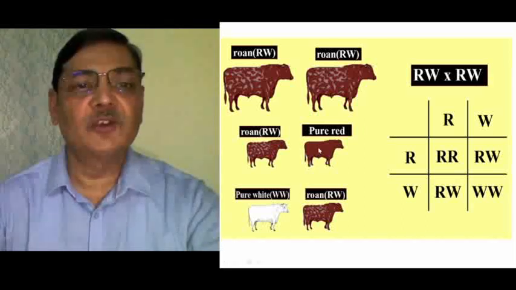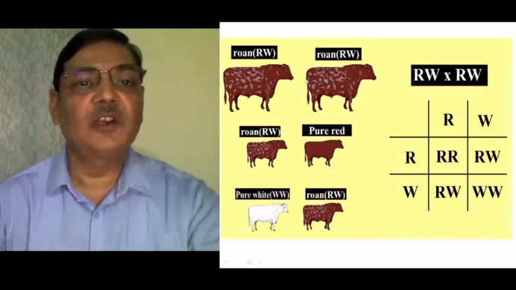If you cross a pure red with a white one, you will find in the next generation cattle having a mixture of both colors, red as well as white. Such heterozygous individuals are referred to as roan, R-O-A-N. Genotypically they are RW. They possess both alleles, which means both alleles are expressed. If you carefully observe the coat color, you will find that both red and white hairs are present on the skin of such cattle.